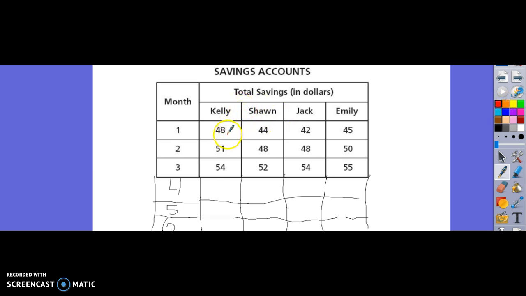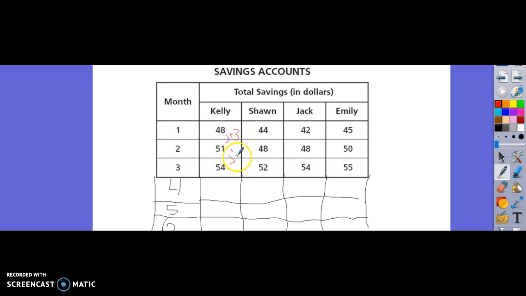Kelly's pattern goes from 48 to 51. So number 1, is that going up or down? It's going up. 51 to 54 is going up. Also, the question told you that she's saving, so you know her money's going up. How much do I need to add to 48 to get to 51? 3.